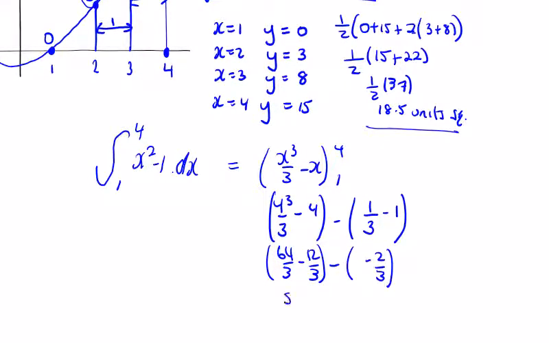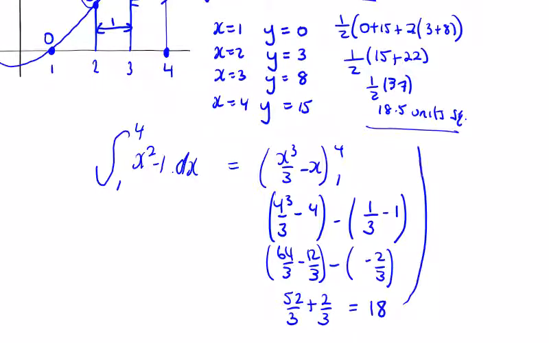So we're going to get 52 over 3 plus 2 over 3, which is 54 over 3, which is 18.